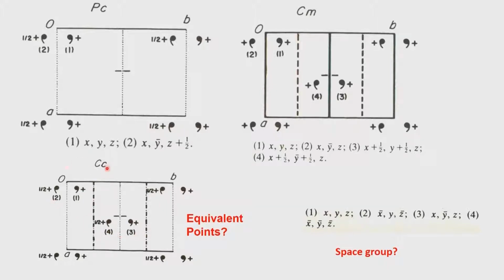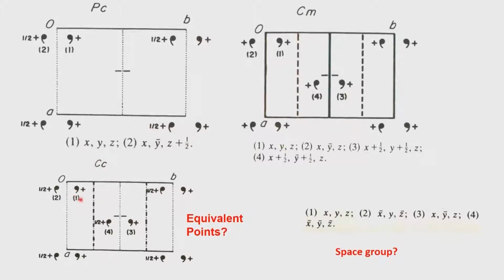So, there are 4 equivalent points in Cc. The way in which we go is to take this point which is marked as 1 as x, y, z, corresponding to the coordinates x, y, z. Then first you operate the C centered lattice symmetry, that means the lattice symmetry gets the prominence. So, once you operate the C centering, that means there is a half plus x and half plus y added to the x, y, z.